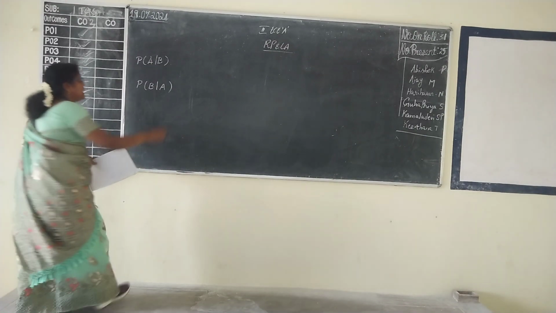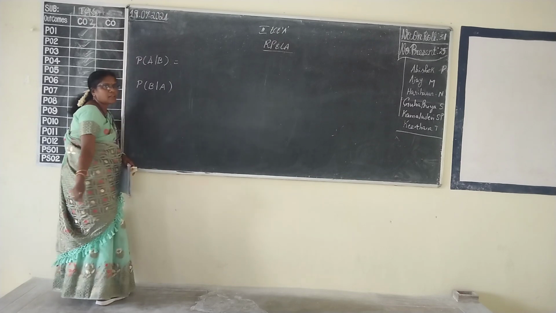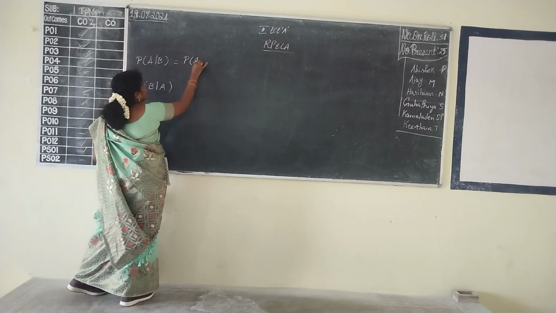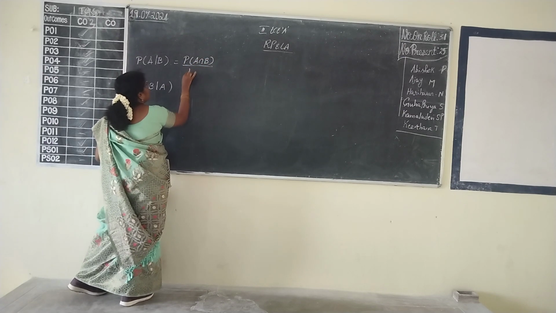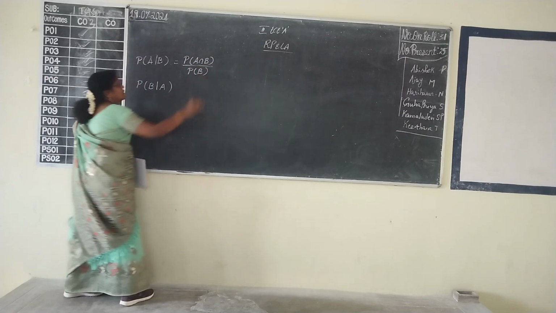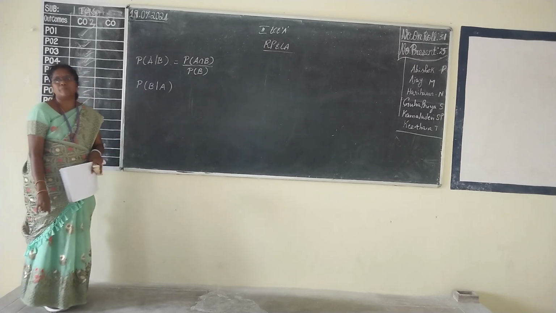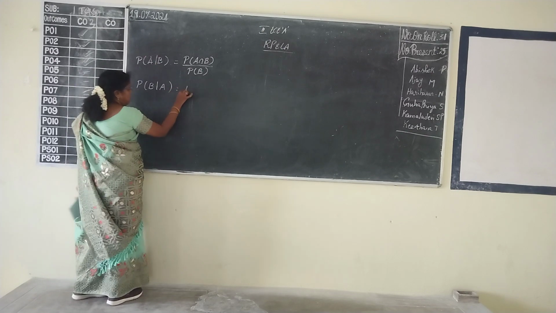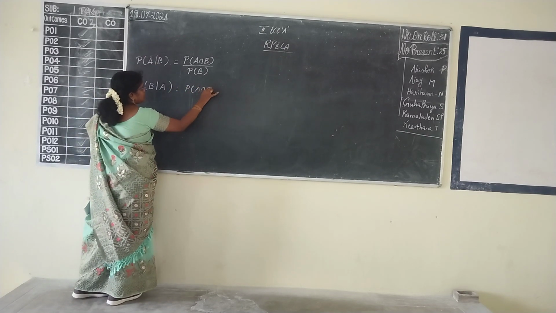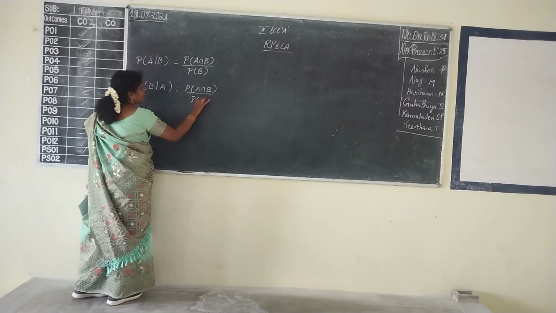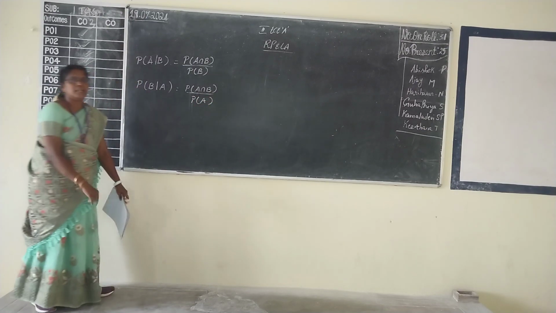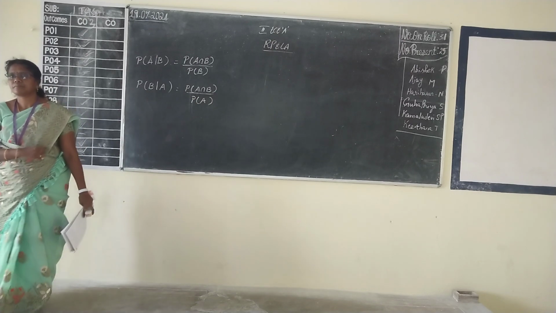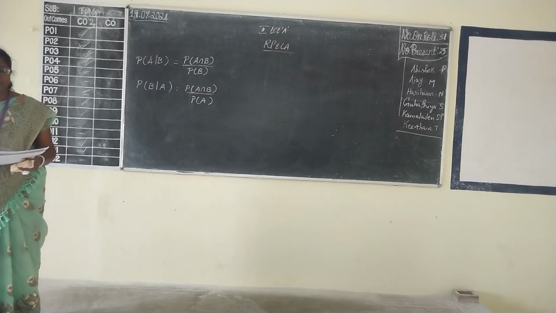P of A given B equals P of A intersection B by P of B. P of B given A equals P of A intersection B by P of A. So numerator is the intersection, denominator is the given event. This is for 2 events.